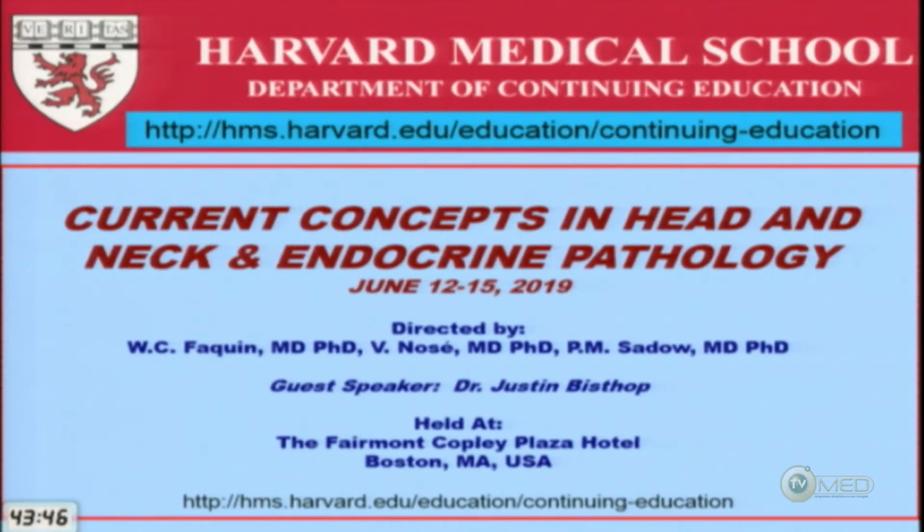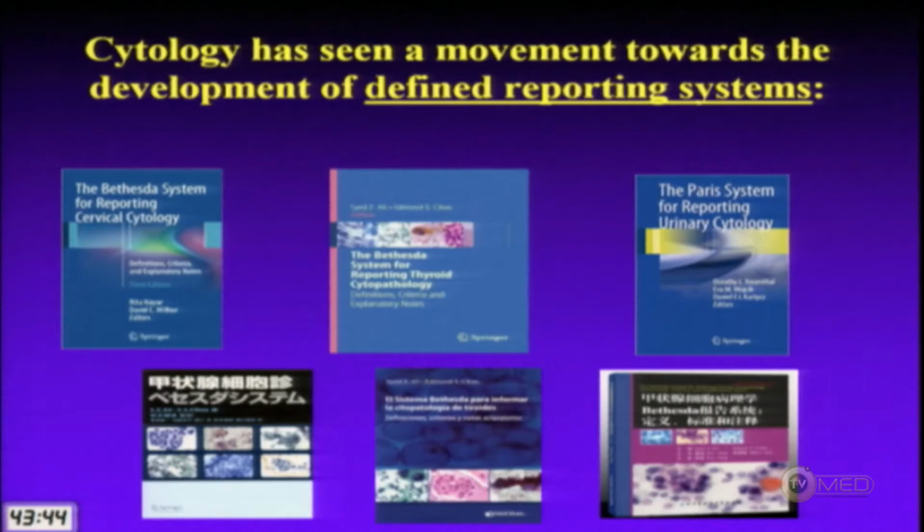Okay, so with that as a little bit of intro, let me now go into salivary gland cytopathology, and this is an area that I'm very enthusiastic about. As you know, cytology has seen a movement towards the development of many different defined reporting systems, from the Bethesda system for cervical cytology to the thyroid Bethesda system, which is now in its 2nd edition, and the urine, the Paris system.